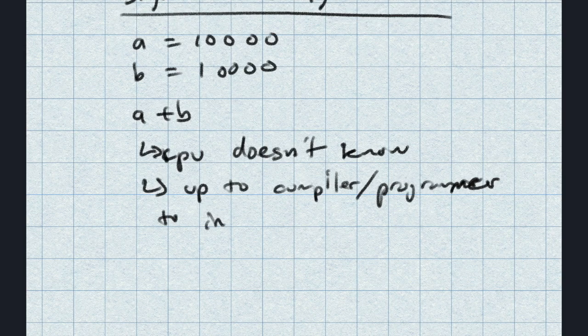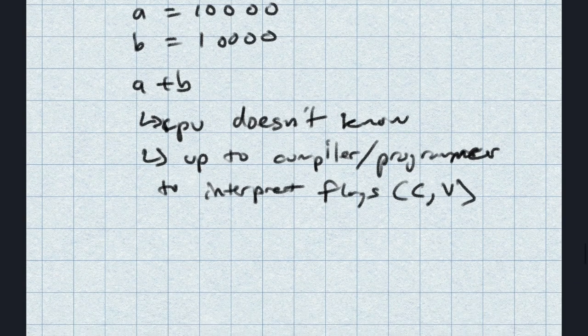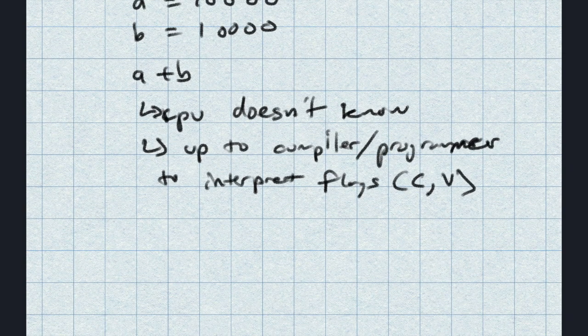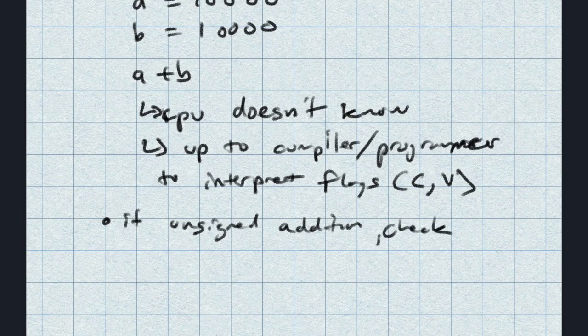So it's really up to the compiler or the programmer to interpret the flags. That would be the C and the V flags. If it's unsigned addition, we want to check the carry. If it's signed addition, we check overflow.